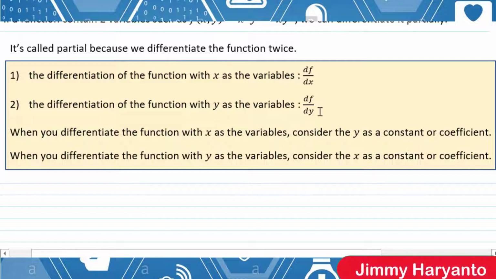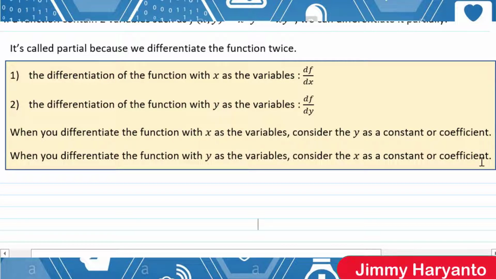That means df over dy. Yeah, when you differentiate the function with respect to x, consider that y is a constant, or coefficient. So the y will act as a coefficient, not a variable. When you differentiate the function with y as the variable, consider that x is a constant or coefficient.